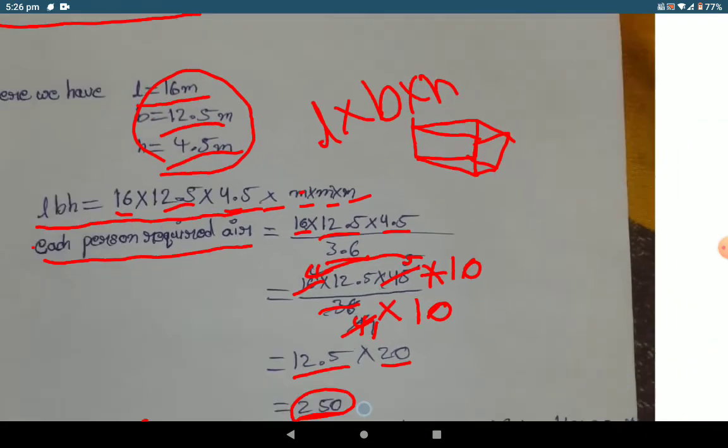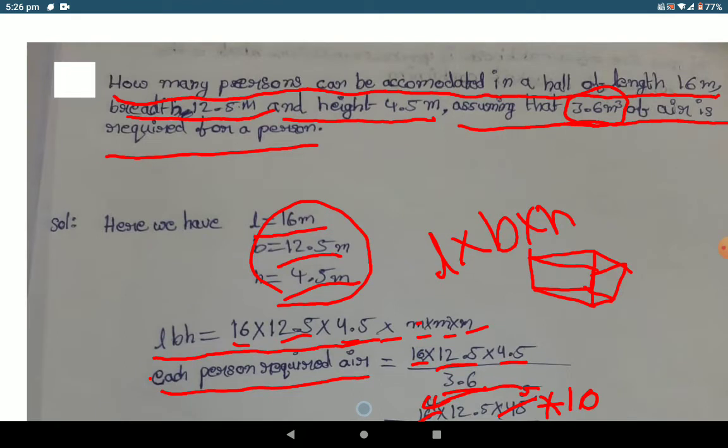Now some people might think, hey, let's just fit this room with a bunch of people and see how many we can fit in here.